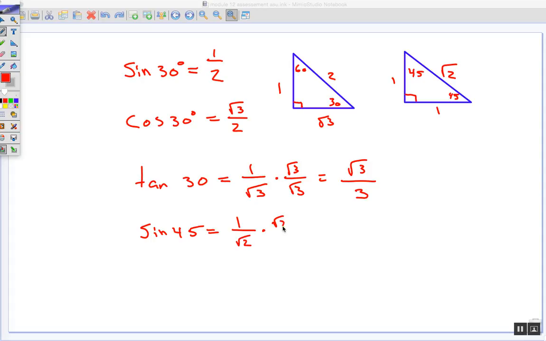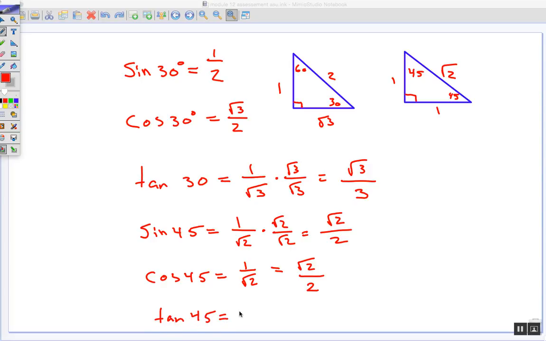When we rationalize the denominator, that gives us square root of 2 over 2. Cosine of 45 is equal to adjacent over hypotenuse, which is the same thing. So 1 over square root of 2, and we know when we rationalize the denominator we get square root of 2 over 2. And tangent of 45 is equal to opposite over adjacent.